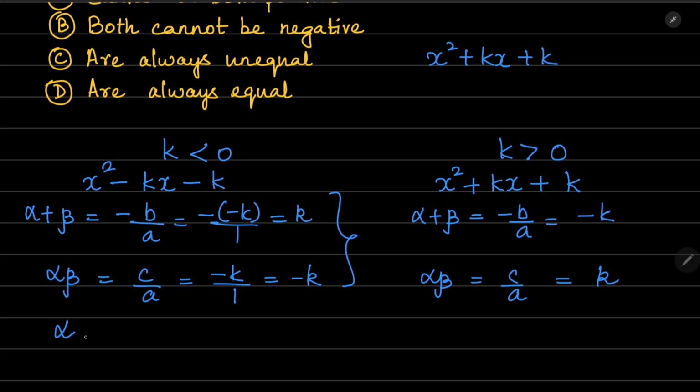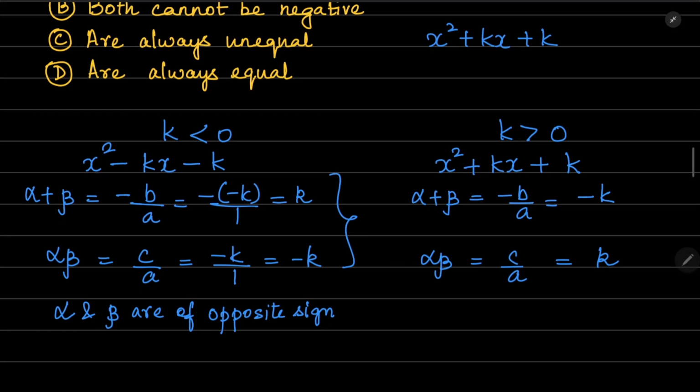So what does it mean? Alpha and beta, they are of opposite signs. If one is positive, the other one is negative, right? So this is one observation. So if alpha is positive, then your beta will be negative. And if your alpha is negative, then beta will be positive.